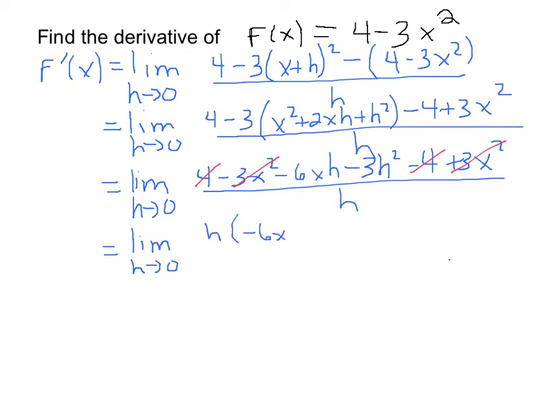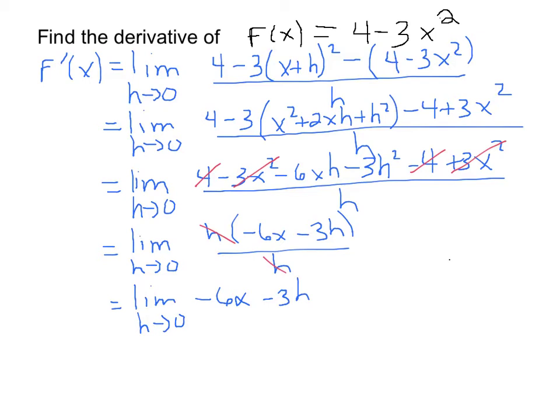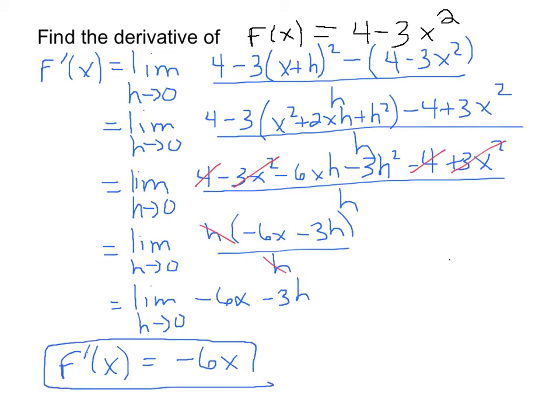That leaves negative 6x and minus 3h divided by h. So now the h's divide out. Limit as h approaches 0 of negative 6x minus 3h. Okay. So as my h is going to 0, I'm left with the derivative of f being equal to negative 6x. Okay. So there's my derivative, which will allow me to find the slope of the curve at any point by simply plugging in the x-coordinate.